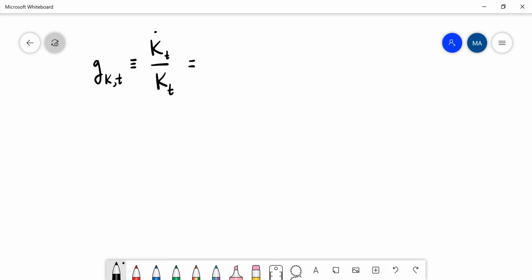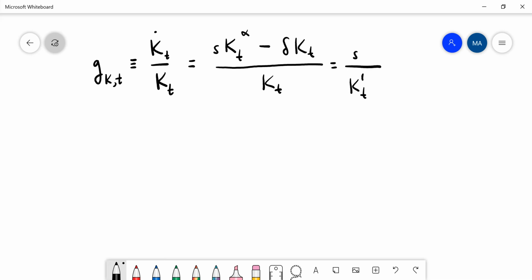So, how can I write this? Well, I know what K dot is equal to. K dot is equal to this. And I divide this by K_t. So what do I find? Well, I have s divided by K_t to the 1 minus alpha, minus delta, right? So I can draw it.